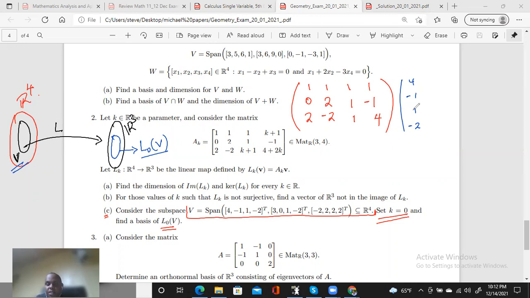I was planning to do it separately, but let's do it as a whole. So 3, 3, 0, 1, -2, 1, -2, and then -2, 2, 2, 2, 2. And then you multiply these two matrices, and then you're going to get your new basis.